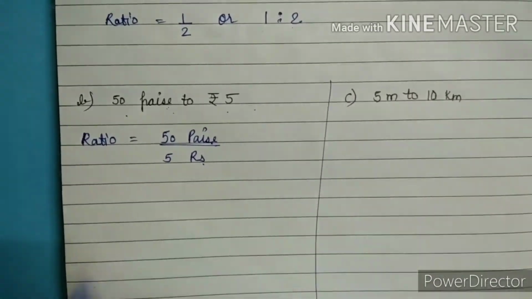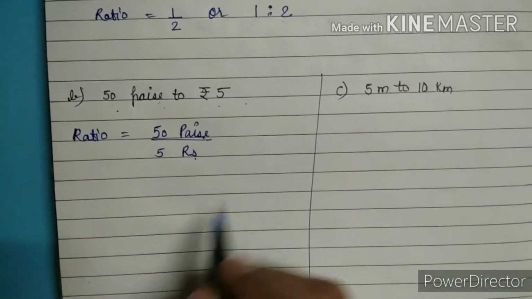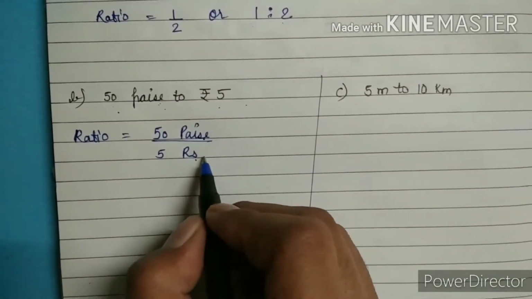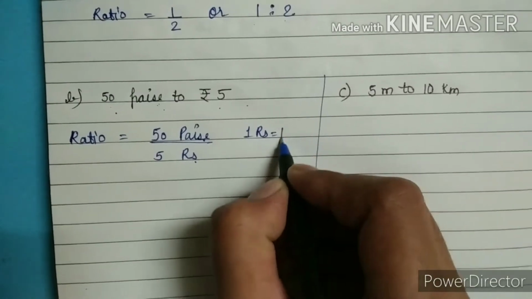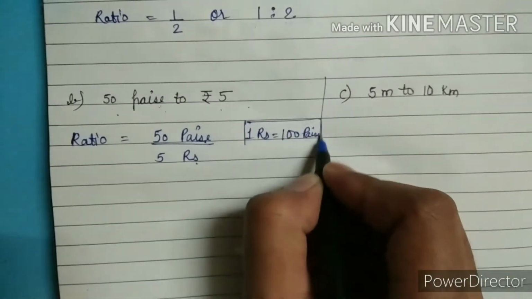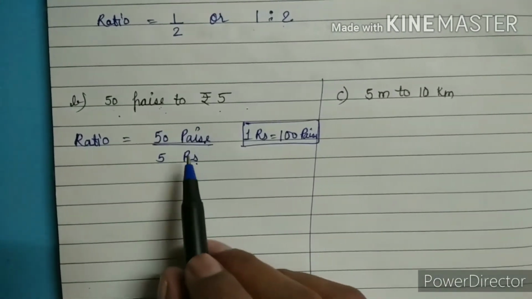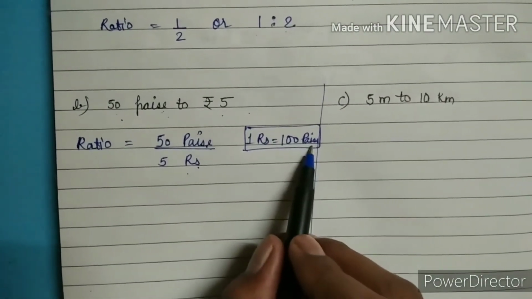So we can't cut it because both units are different. Is there any relationship between them? Yes. 1 rupee is equal to how many paise? 100 paise. So we can make paise into rupees or rupees into paise.